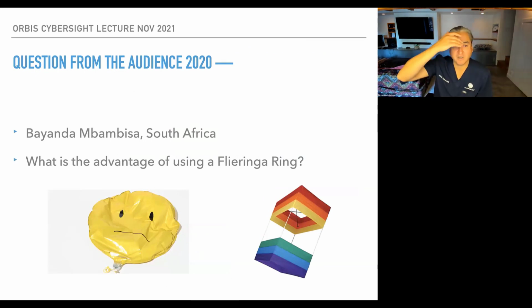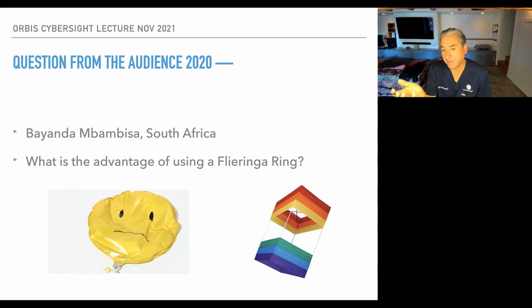So this was a question that I got in 2020. What's the advantage? And I thought these two pictures kind of show a good idea. Basically, the eye will deflate once you take out the cataract. Or if you unroof an eye, you take the cornea off and there's no Flieringa ring, it's going to shrink like a little deflated happy face balloon like that. But if you have the Flieringa ring, it's like a box kite. It gives some structure to the eye.